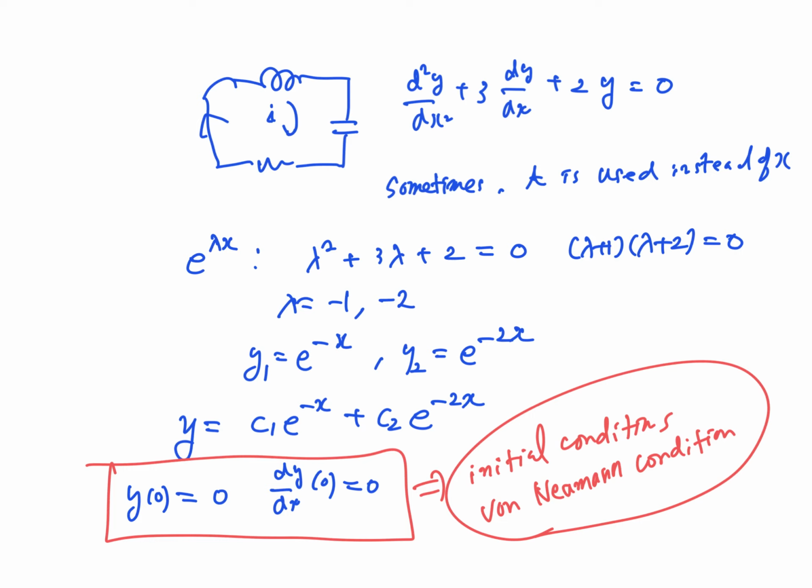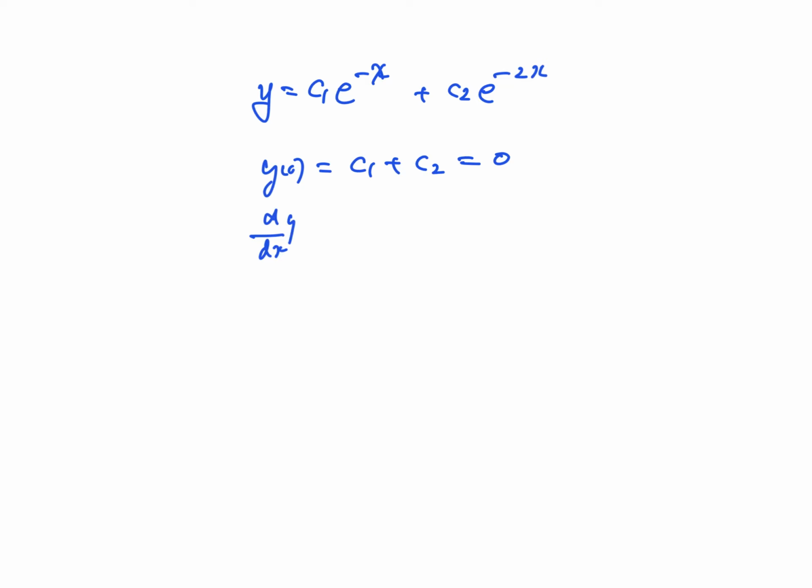Let's go back to the general solution. y is c1 exponential minus x plus c2 exponential minus 2x. y(0) gives c1 plus c2 is equal to 0, right? dy/dx is minus c1 exponential minus x minus 2c2 exponential minus 2x.